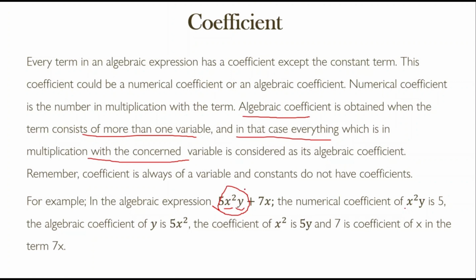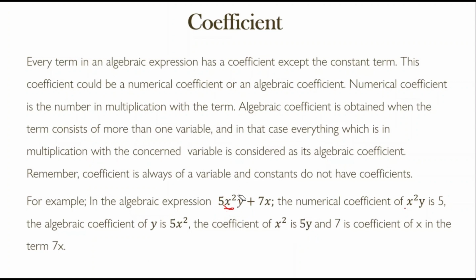For example, over here, in 5x square y, since it has two variables x and y, so x square would be having a different coefficient and y would be having a different coefficient. If I have to find out the coefficient of x square, everything present in this term which is in multiplication with x square would be the coefficient of x square. That is why 5y is the coefficient of x square in 5x square y.